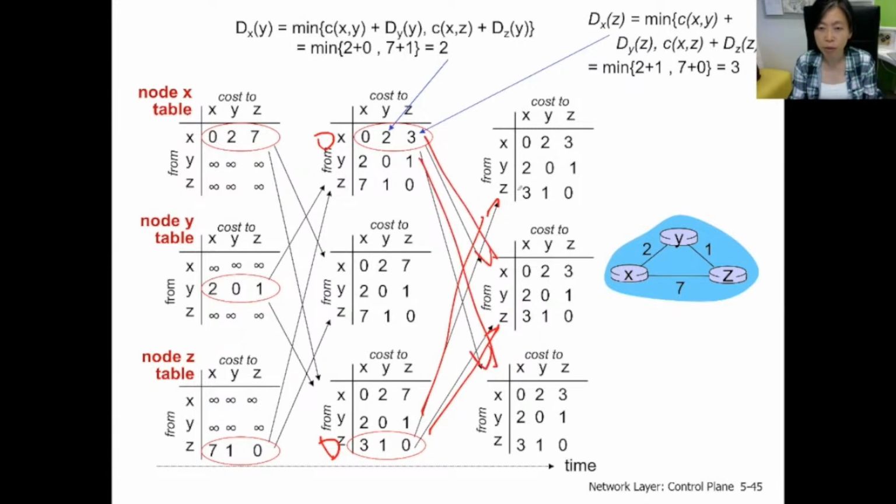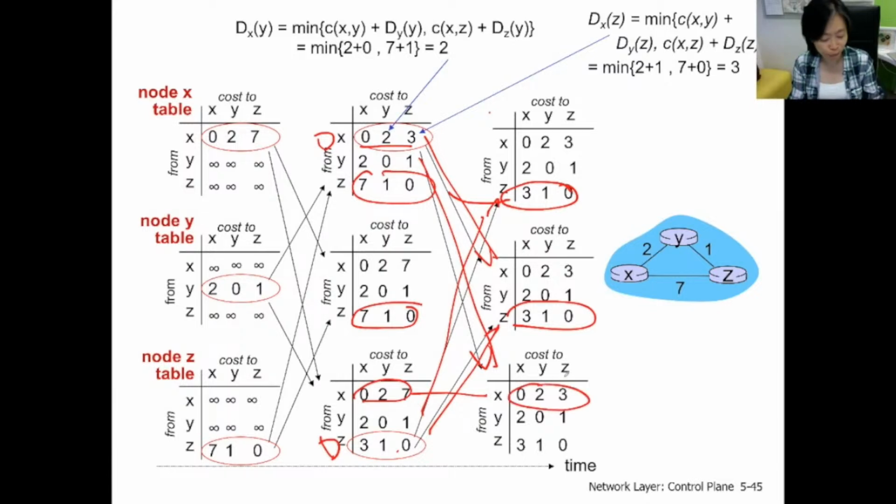So node x receiving the update is going to replace this with a new distance vector. Just like y here, this vector here is also going to be replaced with a new vector from z. Similarly, this vector here is going to reach z, and z is going to update from 027 to 023.